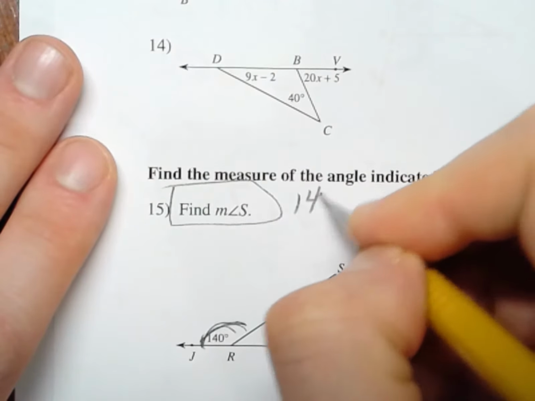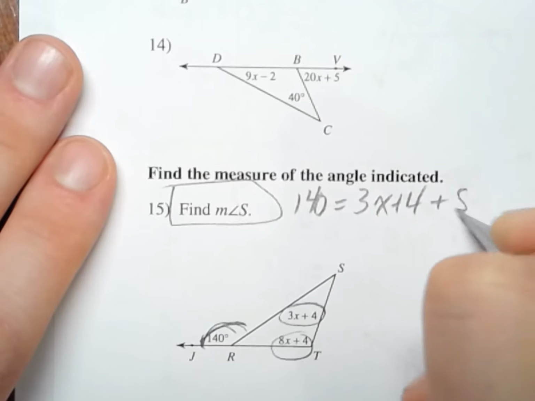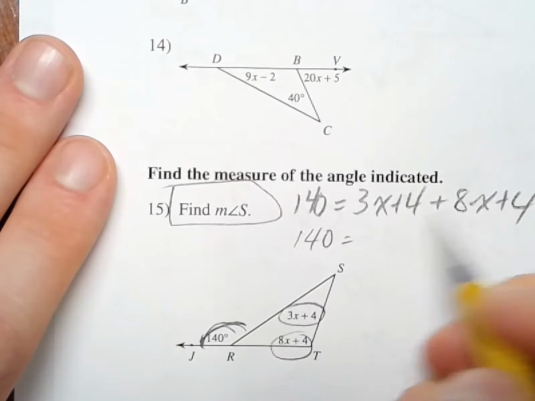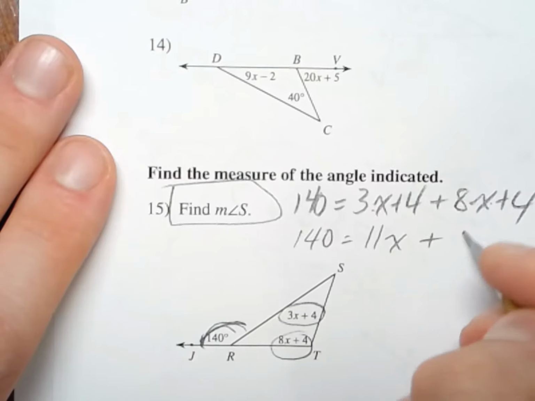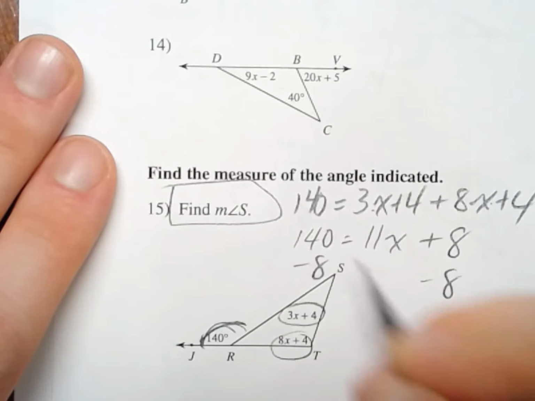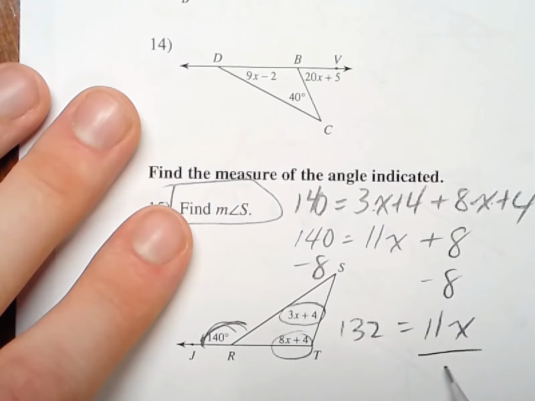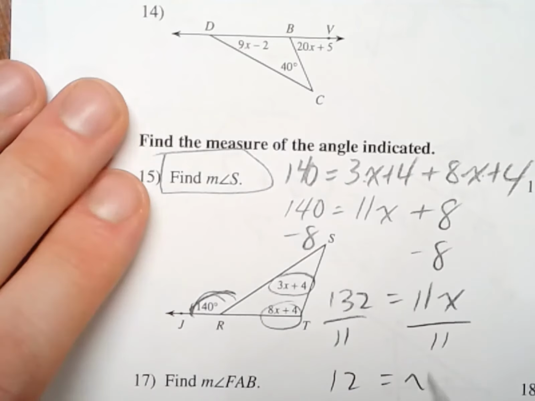So 140 equals 3x plus 4 plus 8x plus 4. And so 140, and then we've got 3x plus 8x is 11x, and 4 plus 4 is 8. So we're going to subtract 8 and subtract 8. 132 equals 11x. So we're dividing by 11, and we're getting 12 equals x.